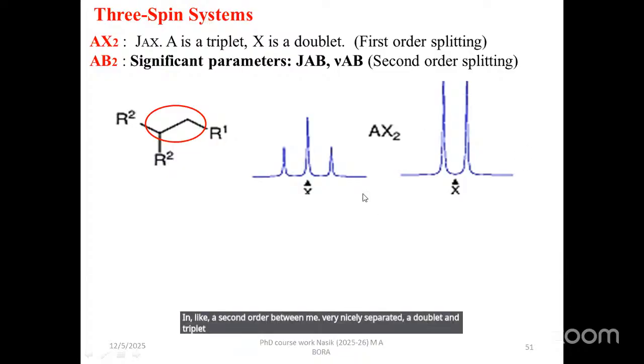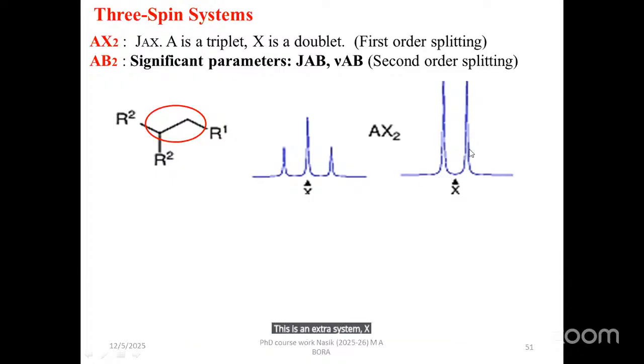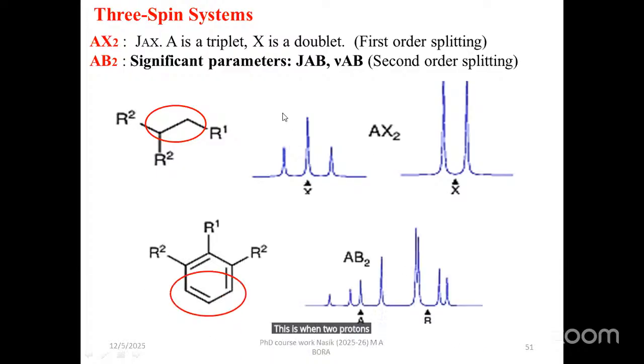This is the AX2 system. X will appear as a nice doublet, and A will appear as a nice triplet. This is when two protons have a high difference in their chemical shift.